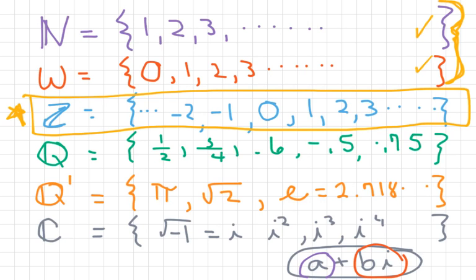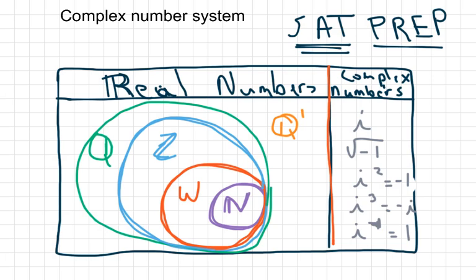So let's go back to the first slide. Okay. Complex number system. The way I like to look at it is, I'm going to call this the apartment complex. If I call this the apartment complex, I can see the sets as this. I'm going to call the natural numbers the bathroom.